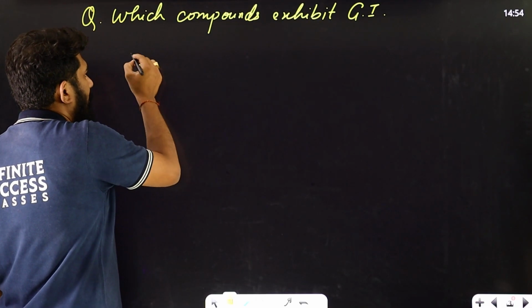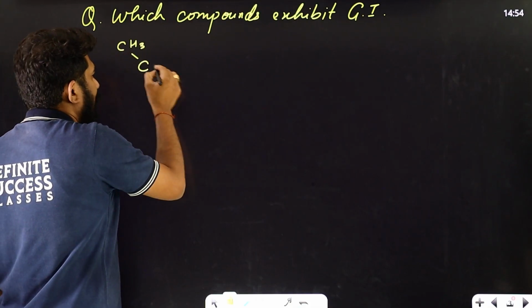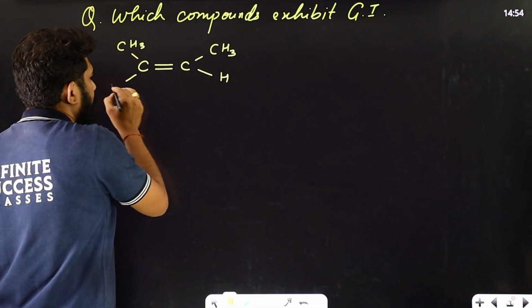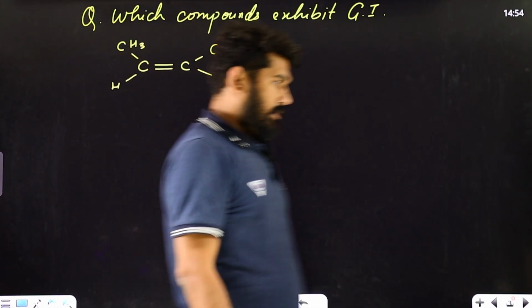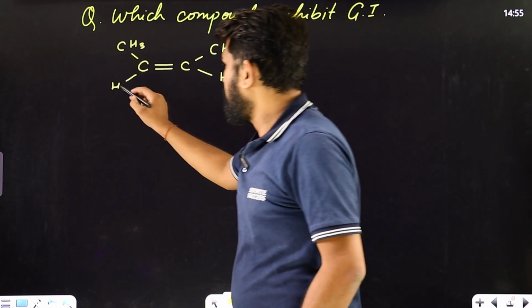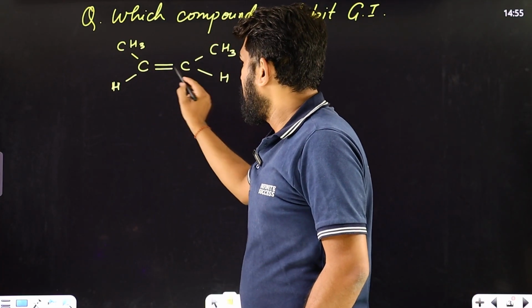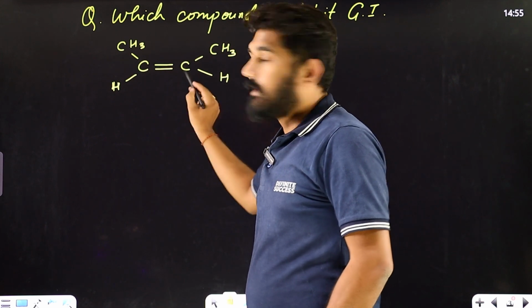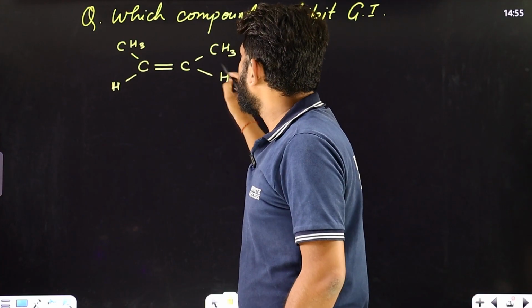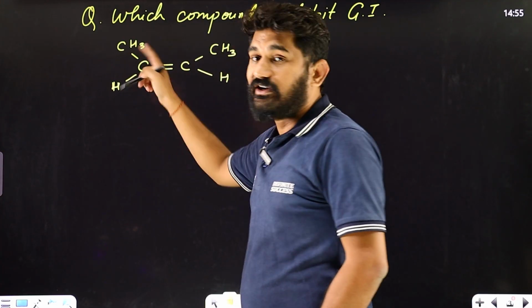If I have carbon attached to CH3 and CH3 like this compound, commonly known as butene, does this show geometrical isomerism? Let's check. The condition is restricted rotation, as it has a multiple bond, and we can see two groups attached to this carbon, CH3 and H, and CH3 and H are different.